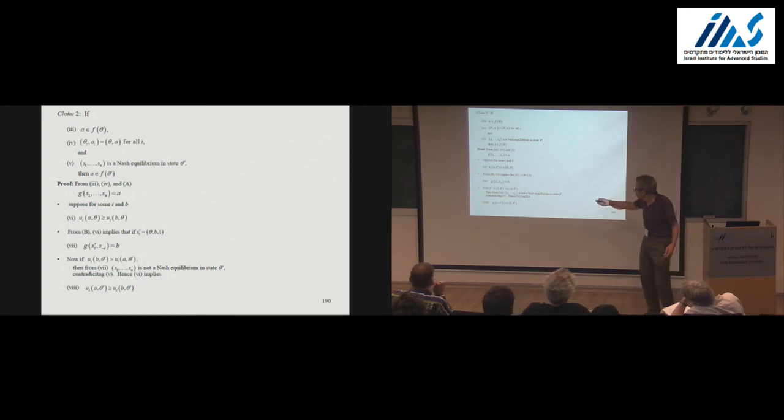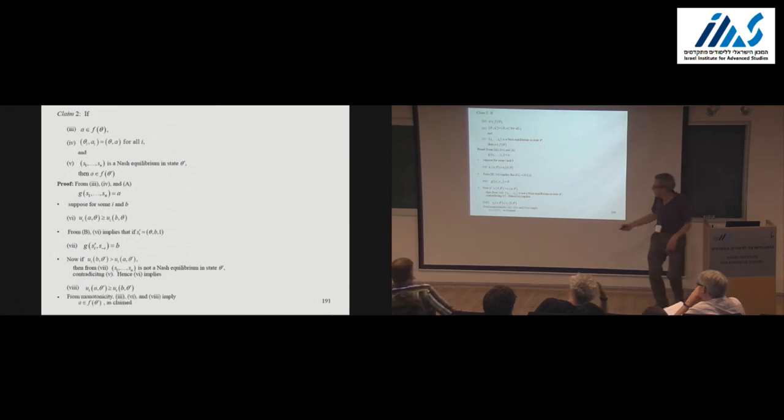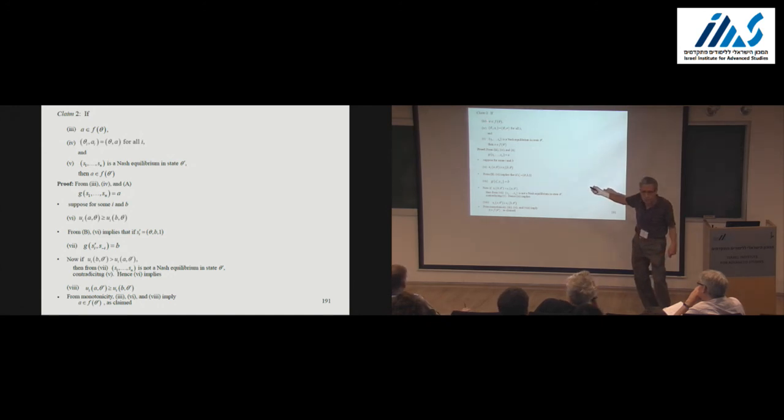This implication is true for every player I and every state theta prime, and therefore, by monotonicity, we know that since by assumption A was optimal with respect to the false preferences theta, A must be optimal with respect to the true preferences theta prime, and we've proved the claim.